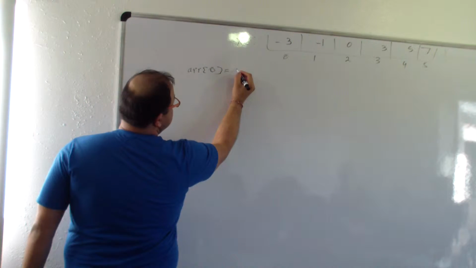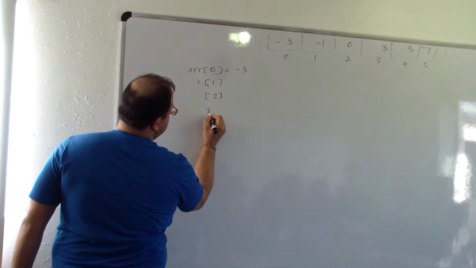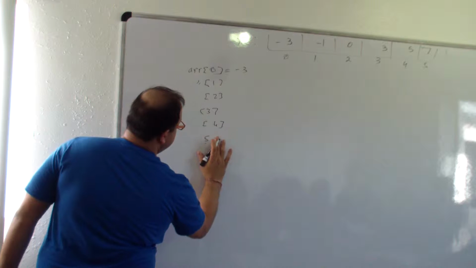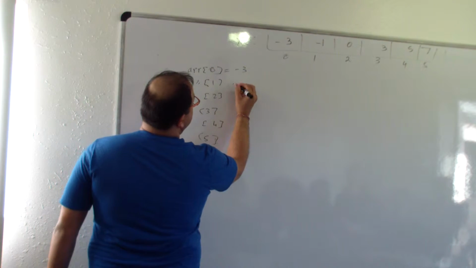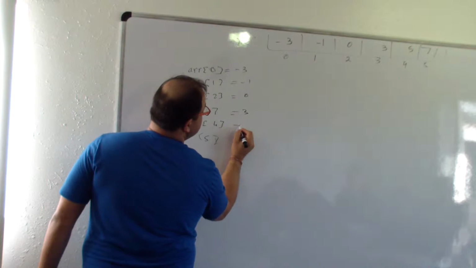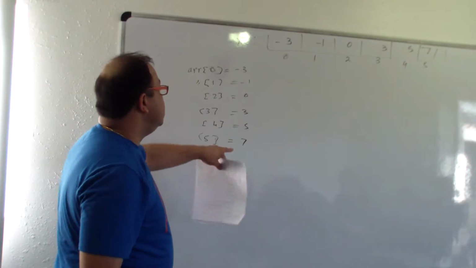ARR of 1, 2, 3, 4, 5. Minus 3, minus 1, 0, 3, 5 and 7, right? This is what it is.